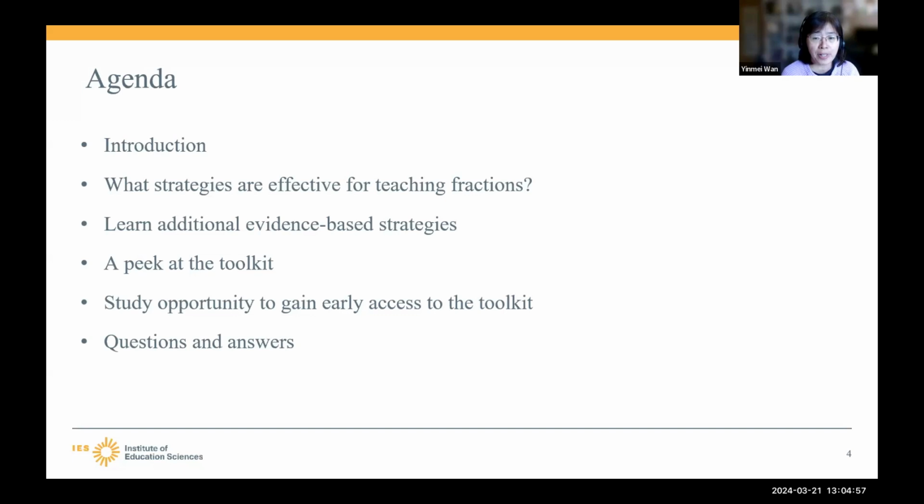She will then elaborate on how the Teaching Fractions Toolkit is designed to help teachers enact evidence-based strategies, followed by a preview of the toolkit. We will then share some information about an opportunity for districts and schools to gain early access to the Teaching Fractions Toolkit by participating in a study to help us evaluate the toolkit. We will close with the Q&A session.